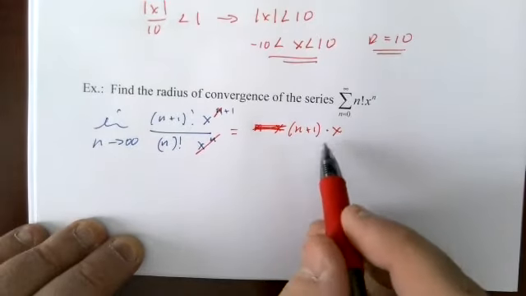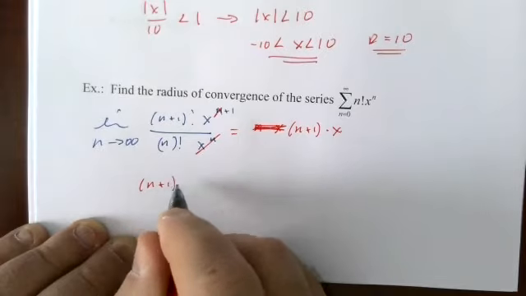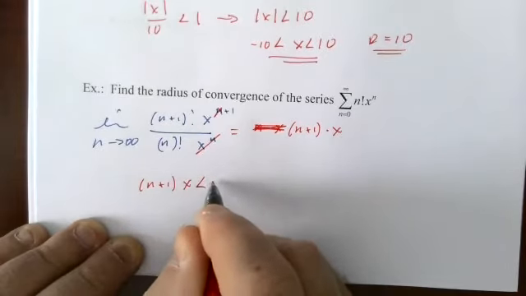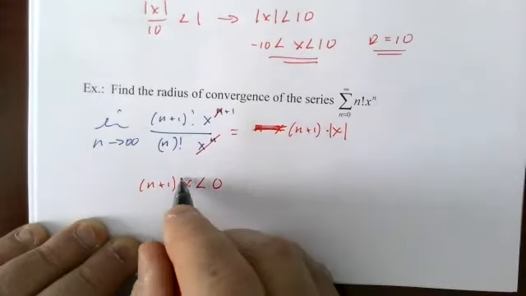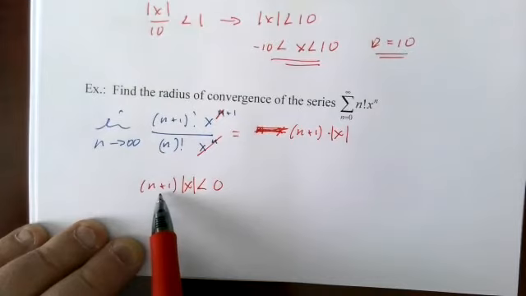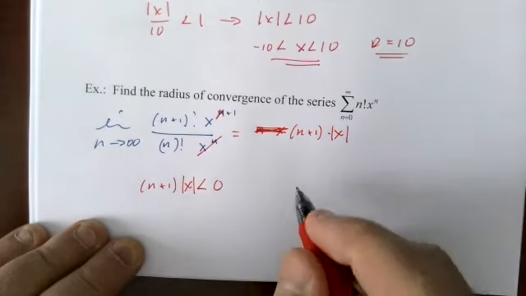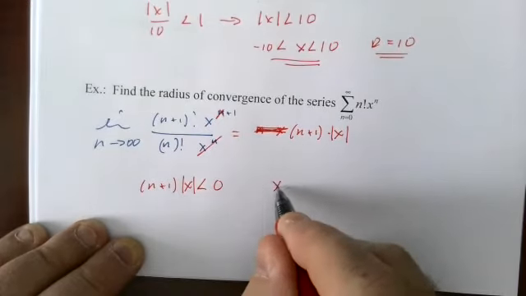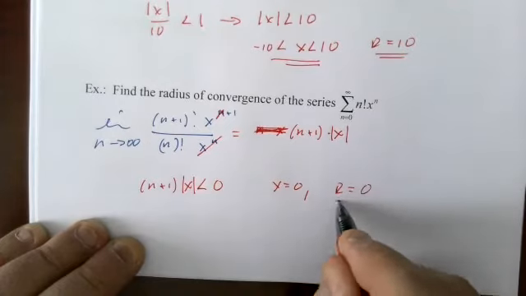So n plus 1 times x has to be less than 1. I always forget this. But wait, n's going to infinity. The only time it's going to work is when x equals 0. So we would say x equals 0, and the radius is 0.